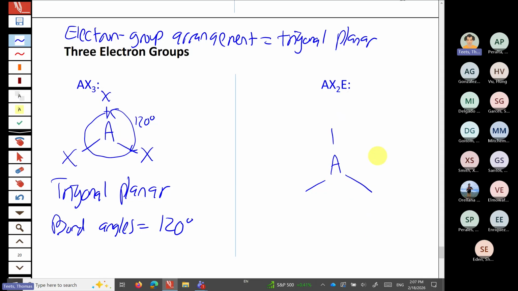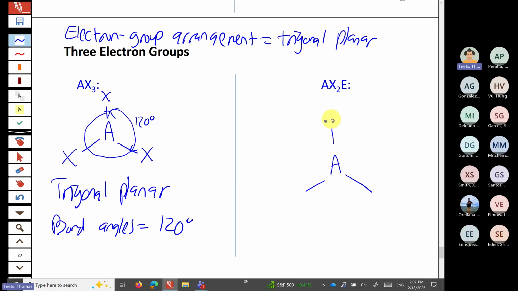I'll put it at the top for no particularly good reason, and that leaves the X's down here. The molecular shape only looks at what shape the atoms themselves occupy, and ignores the lone pair. So now you have 3 atoms in that arrangement, and we call that bent, or you might sometimes see V-shaped. Bent is much more common, but you might see it called V-shaped as well.